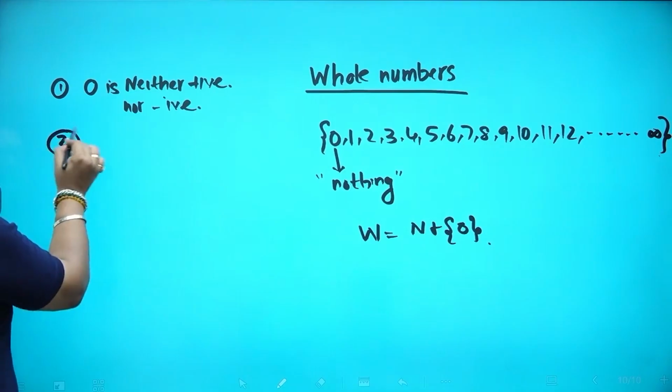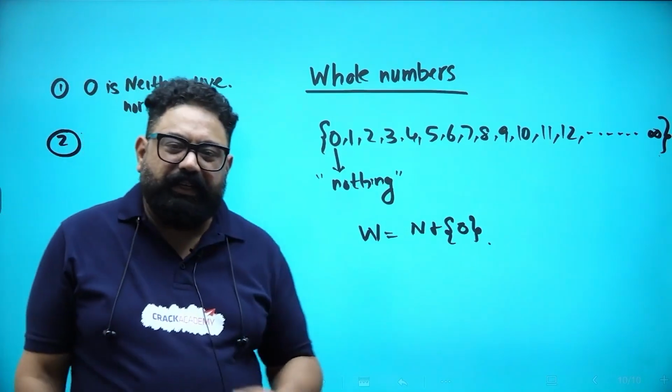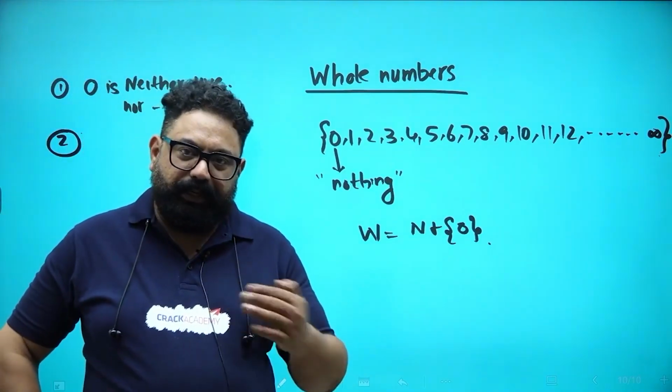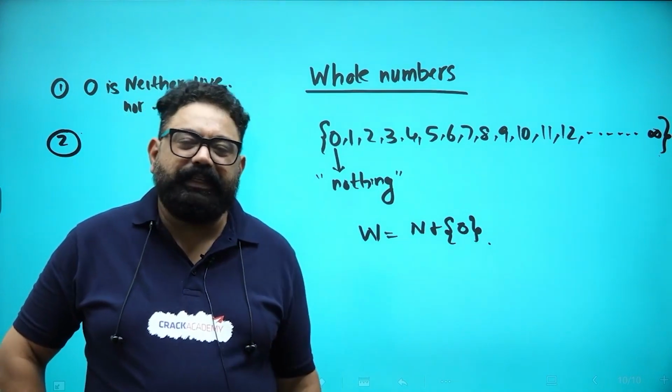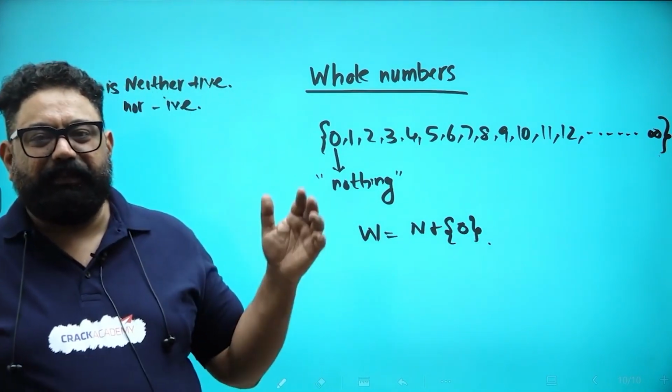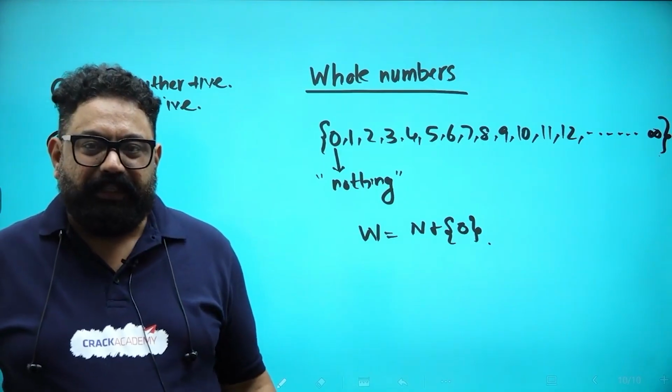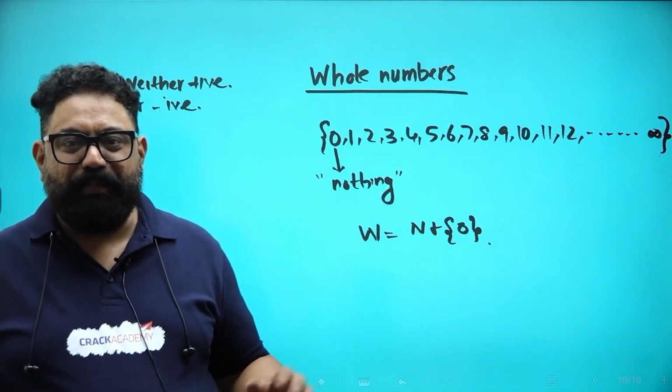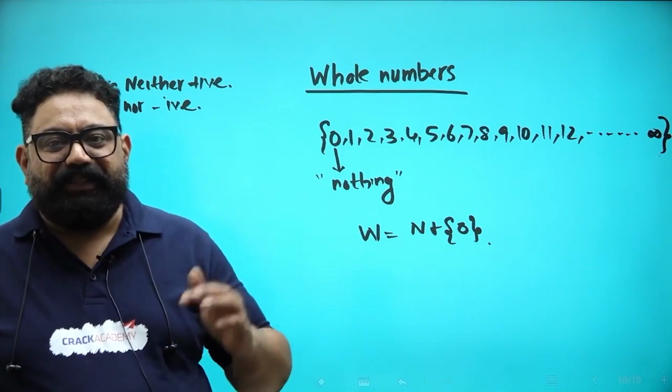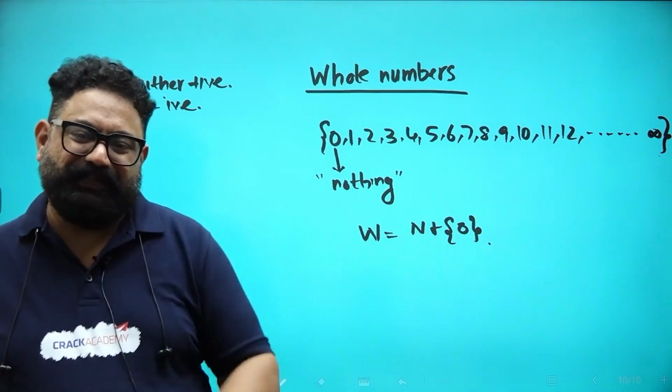Yes, 0 has no sign. Please do not treat it as a positive or a negative number. There are three categories of numbers: positive, negative, and neither positive nor negative, which is 0.